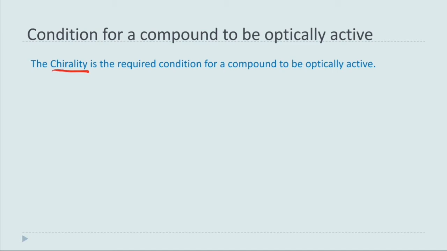Now what is chirality? Chirality means asymmetry. Means if any compound is asymmetric, then 100% that compound will be optically active.